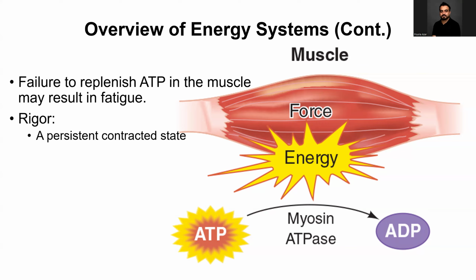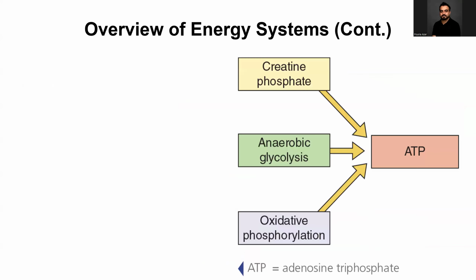And if we fail to replenish ATP in the muscle, we will get fatigue. So there should be some systems in the body, in the muscle, to replenish ATP as quickly as possible to prevent fatigue. So this is what we have.